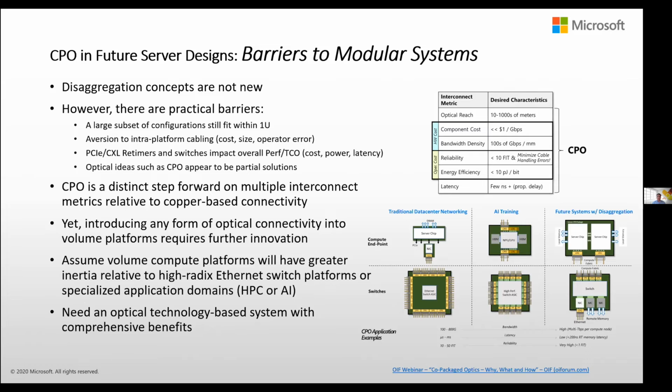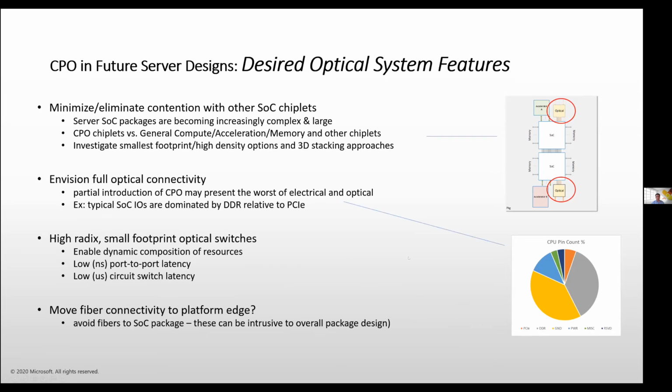And it seems like we need to understand that CPO is just one component, right? It enables a lot of things, but we really need to envision an optical technology-based complete system that provides comprehensive benefits, right? And I'll essentially seed some thoughts here in terms of the kinds of things that need to go into an optical system, right?